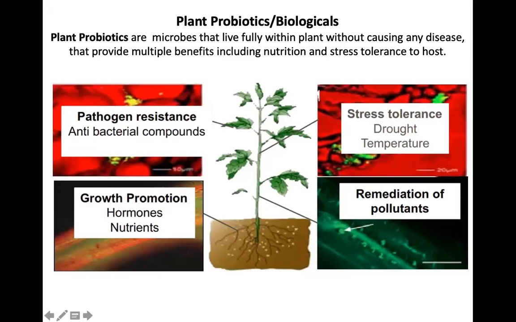Plant probiotics are microbes that live fully within the plant without causing any disease, and provide multiple benefits including nutrition and stress tolerance to the host. Very important point: plant probiotics can offer better nutrition to the plant as well as enhance stress tolerance.